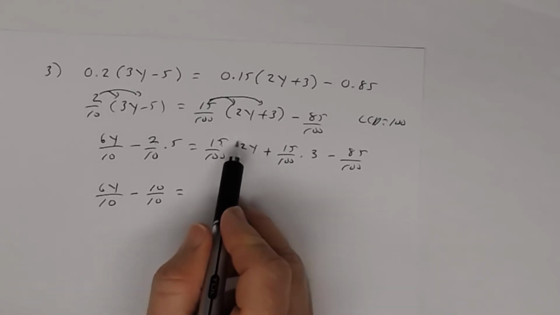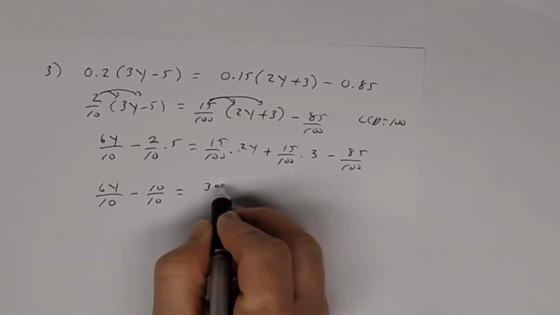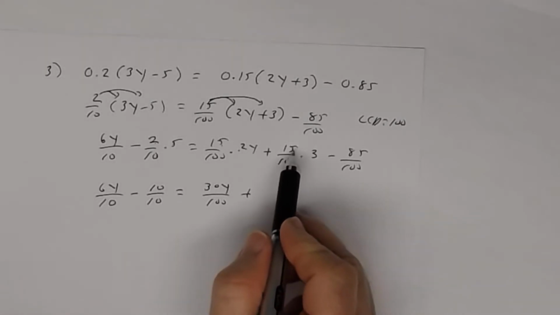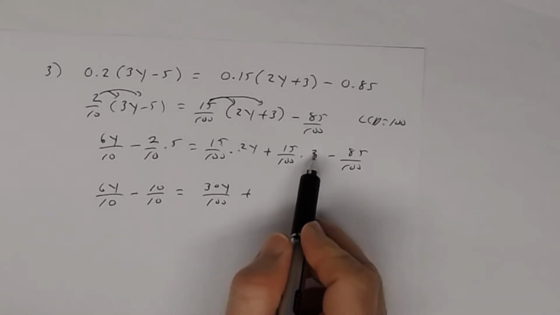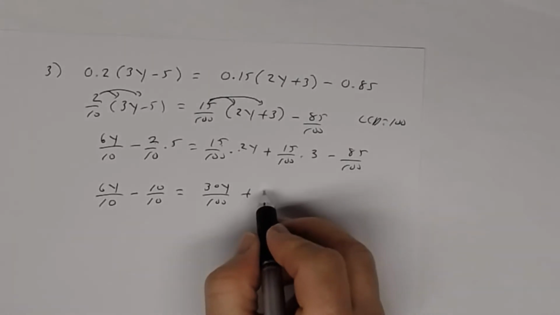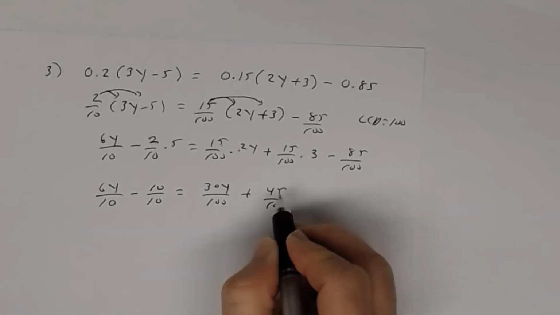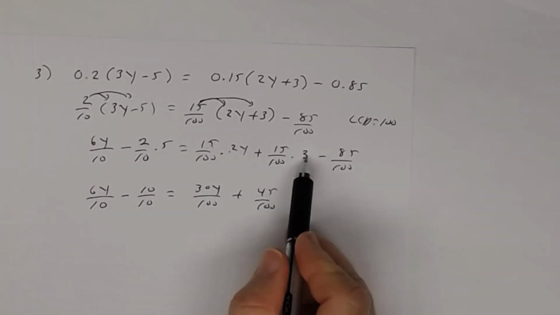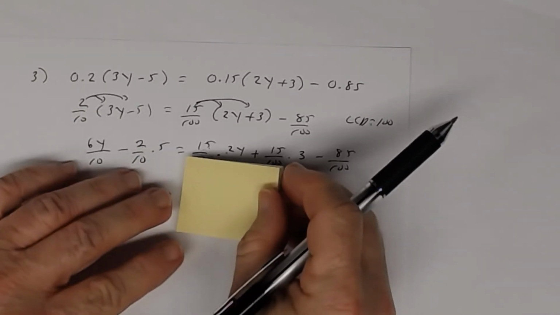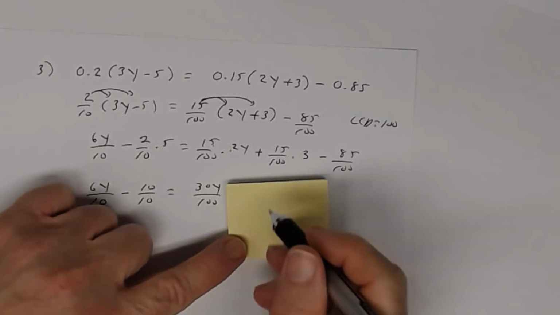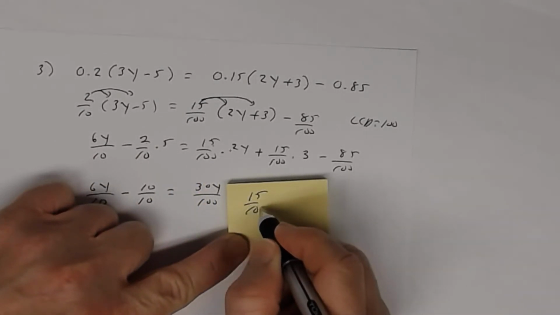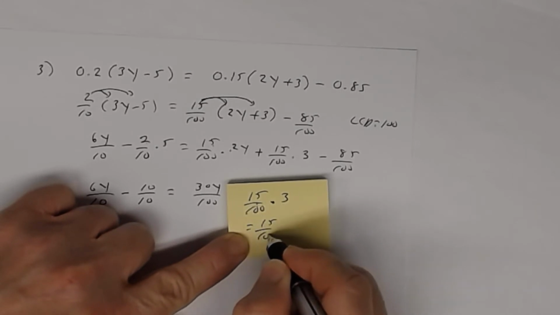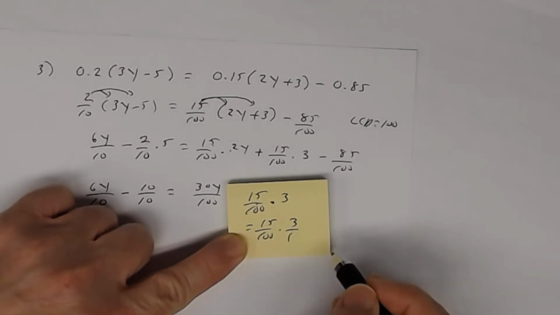So 15 times 2y is 30y over 100 plus, and then 15 times 3 is 45. So that's 45 over 100. All right, make sure you understand that. Make sure you understand why this right here is 45 over 100. So again, make sure you know why. So 15 over 100 times 3 means 15 over 100 times 3 divided by 1.